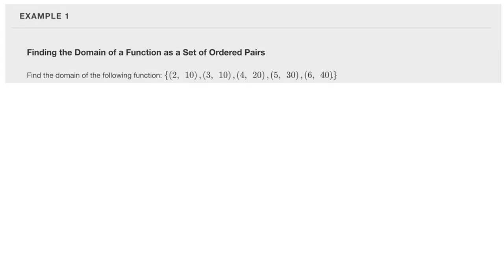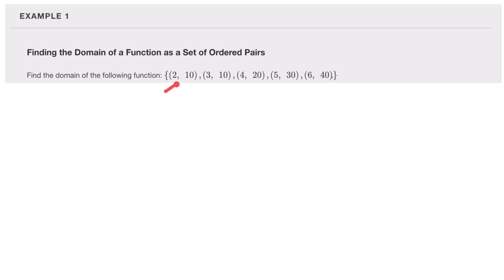So in this first example, we're asked to find the domain. We're looking at finding the domain of a function given as a set of ordered pairs. Our domain is going to be our set of input values. These are called ordered pairs, like our x, y that we had in the previous section. So our domain is our set of inputs, or in other words, our set of x values.